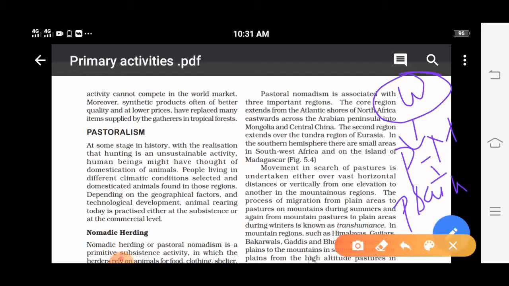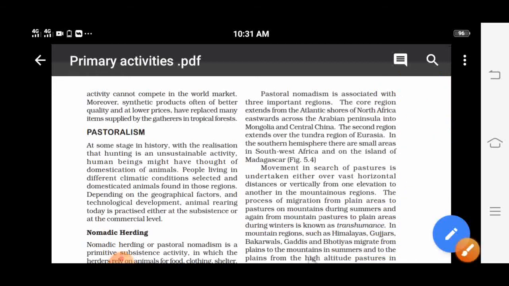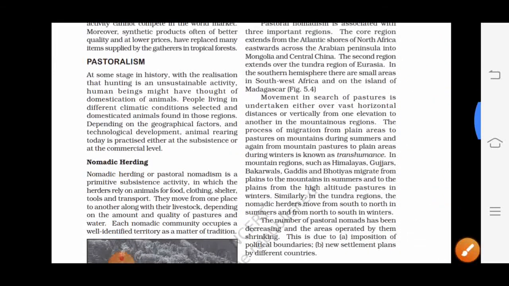This movement from the plain areas to pastures on mountains during summers, and from mountain pastures to plain areas during winters, is known as transhumance.